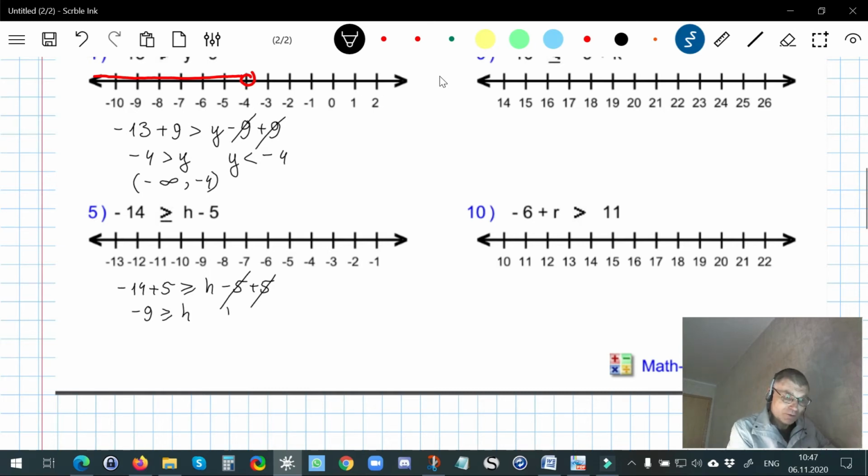It means that h is lower than or equal to negative 9. So this is set building notation. The interval is from negative infinity to negative 9.